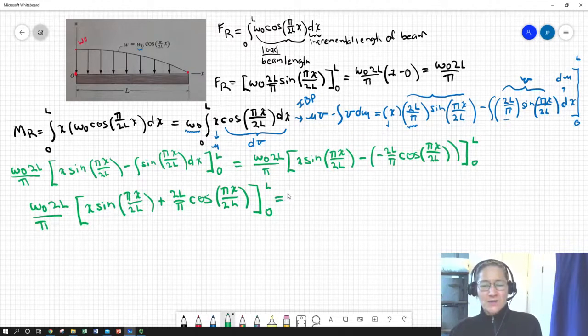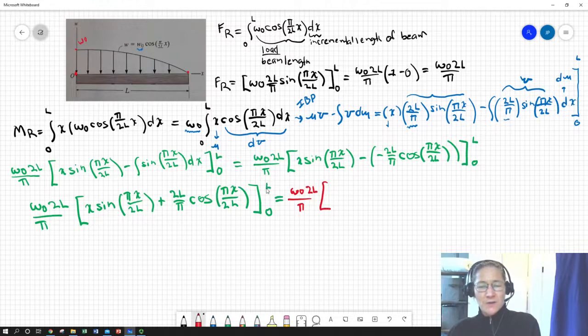Okay, let's drop in our upper limit of integration. I'm going to change colors again, just to try to make things a little more clear. We're now evaluating limits of integration.